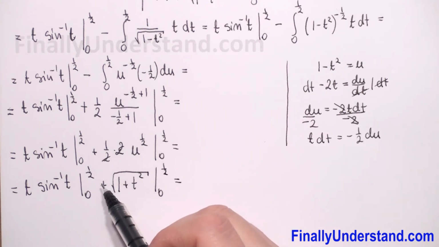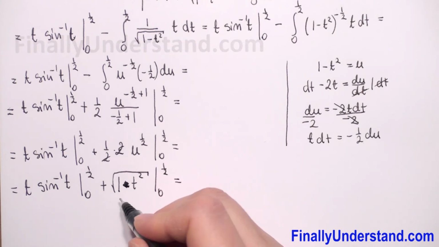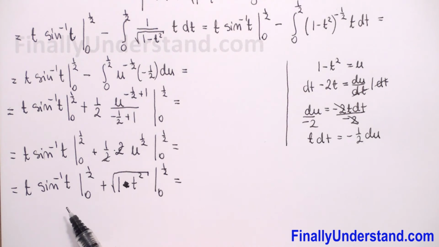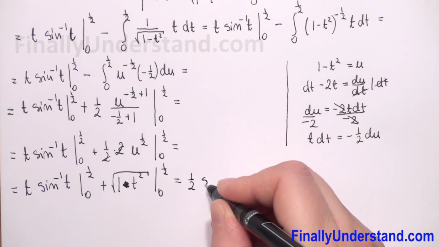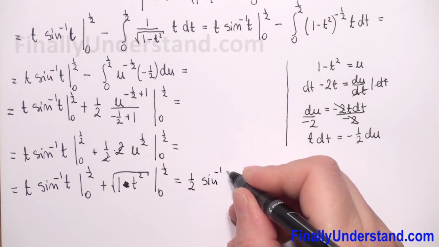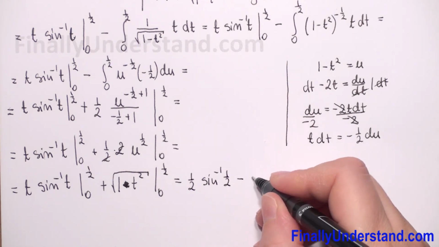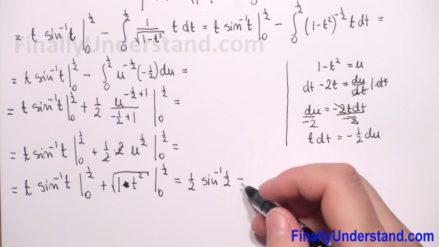Now we have to plug in the limits. We have here the square root of 1 minus t square. First, the upper limit: instead of t, we have 1/2 inverse sine of 1/2, minus, now we plug in 0, so when you multiply 0 times inverse sine it will be 0, so we don't have to put it.